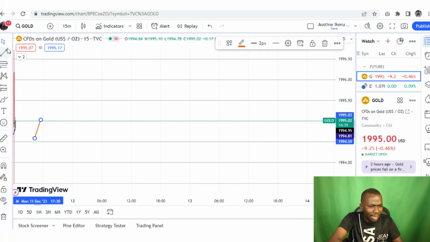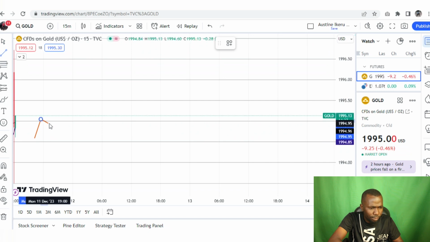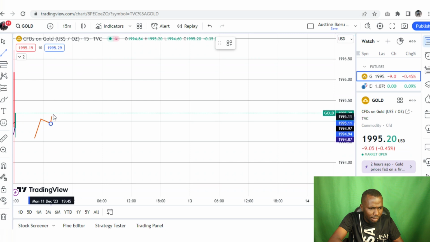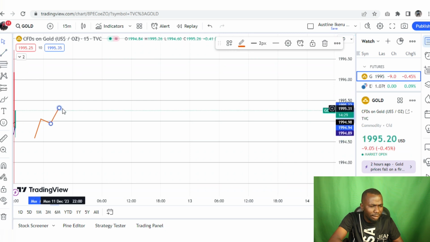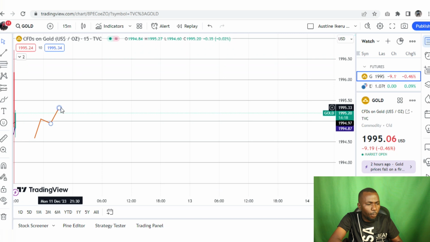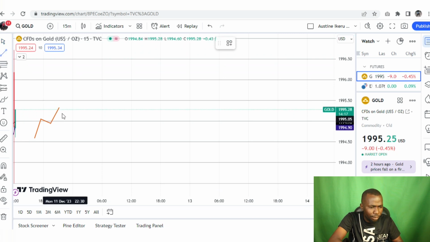Making higher high and higher low. Something like this, right? You can clearly see it now. Now the price was making higher high, higher low, higher high, right? Telling you the trend is up, then higher low, right?